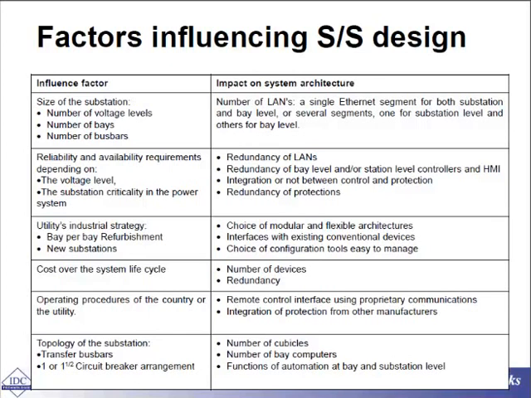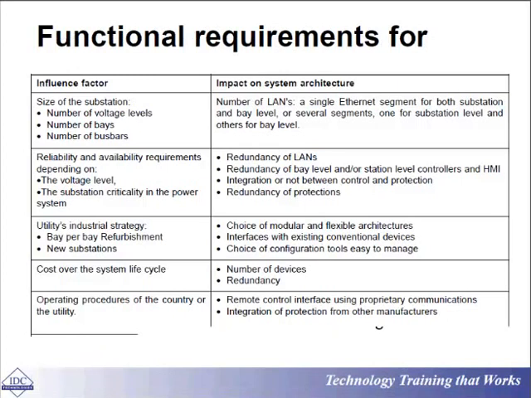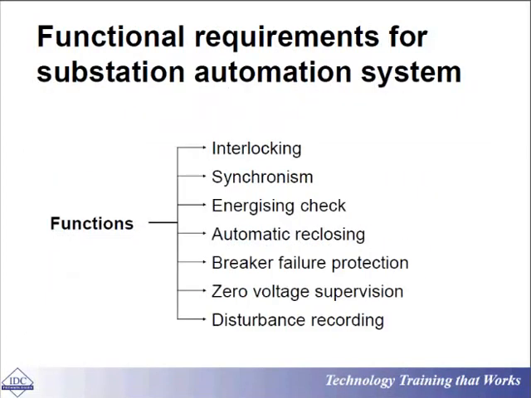So when you have made all these decisions, the final result is that you can finalize the number of cubicles, the number of bay computers, the functions of automation at bay and substation level. You can finalize this. And then you can configure the system to match what you want to have. So these are the things. When you are doing this design, obviously you need to look at a number of functions.